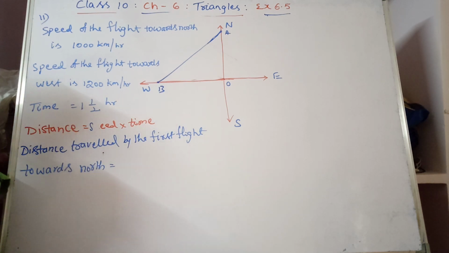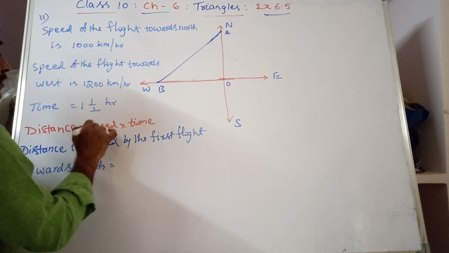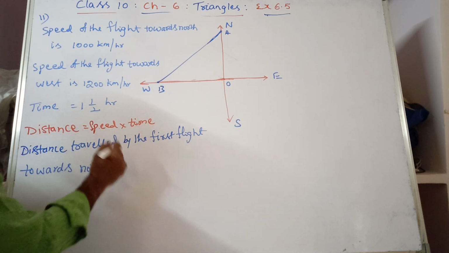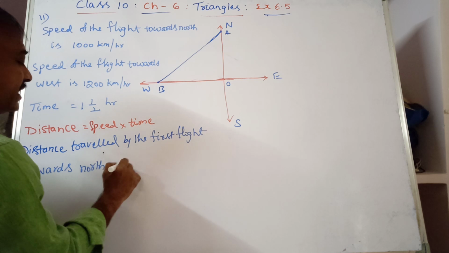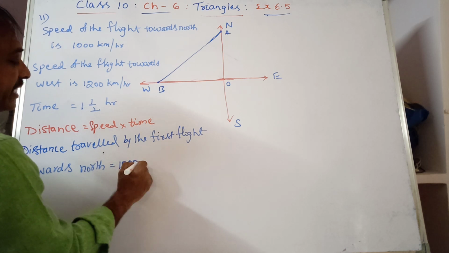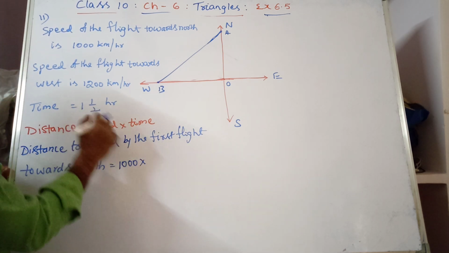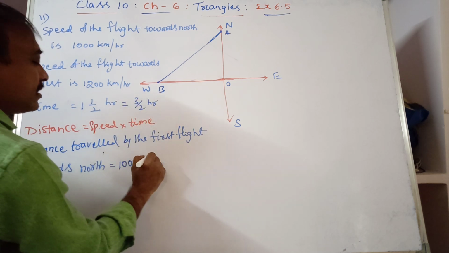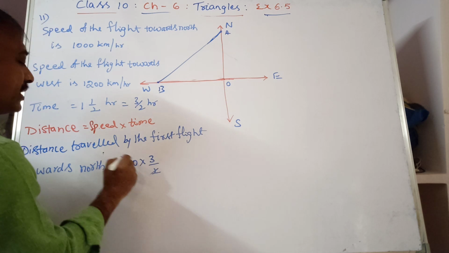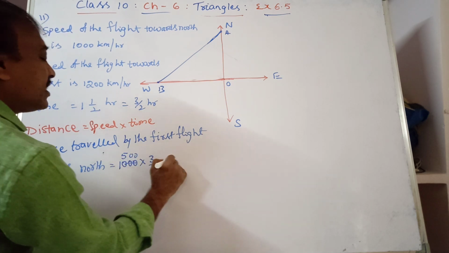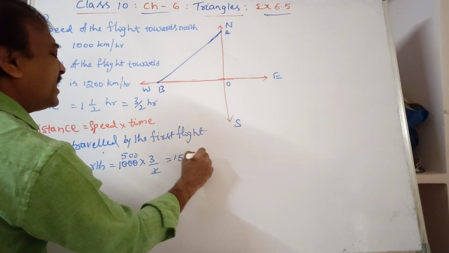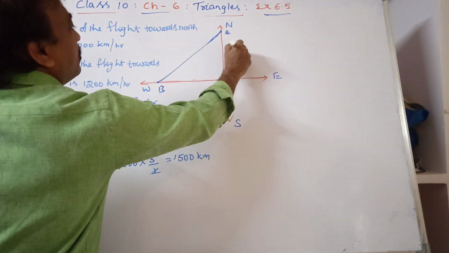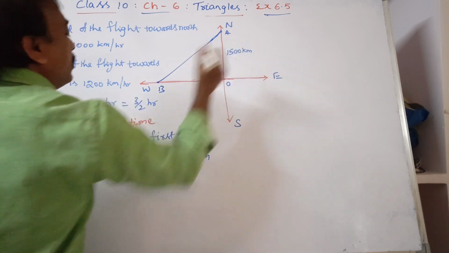What is the speed? 1000 kilometers, into 1 and a half hours, which you can convert as 3 by 2 hours. So 2 fives are 10, it gives 1500 kilometers after 1.5 hours. So OA is equal to 1500 kilometers.